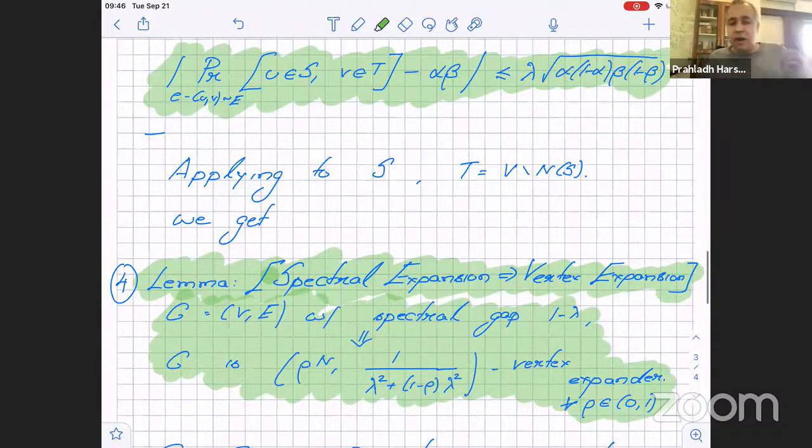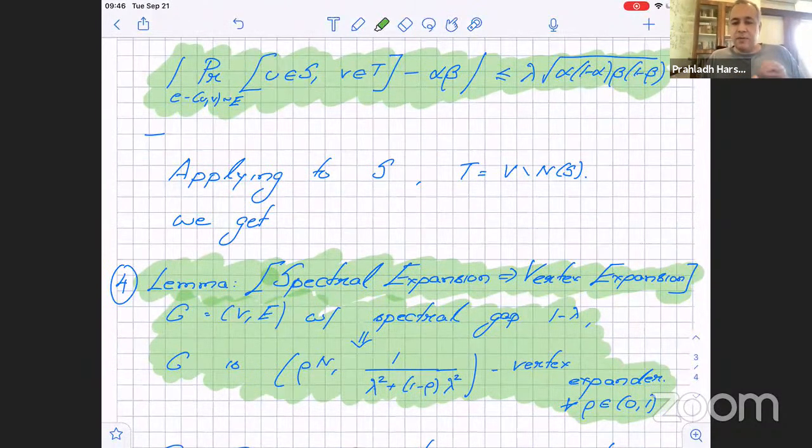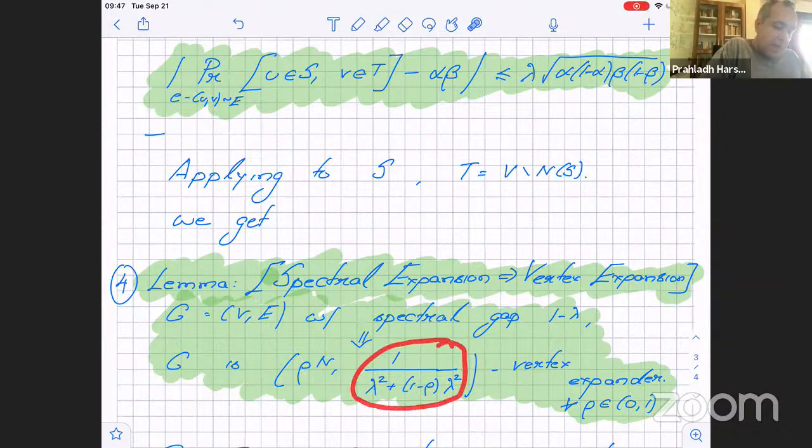If you have a graph G with spectral gap 1 minus lambda, then the graph is actually a (rho n, 1/(lambda^2 + (1 minus lambda^2) rho)) vertex expander for all rho. For every rho between 0 and 1, this is a vertex expander with the corresponding expansion parameter. And the thing to notice is that as long as rho is less than 1, because lambda is greater than 0, this quantity is a number which is strictly larger than 1.